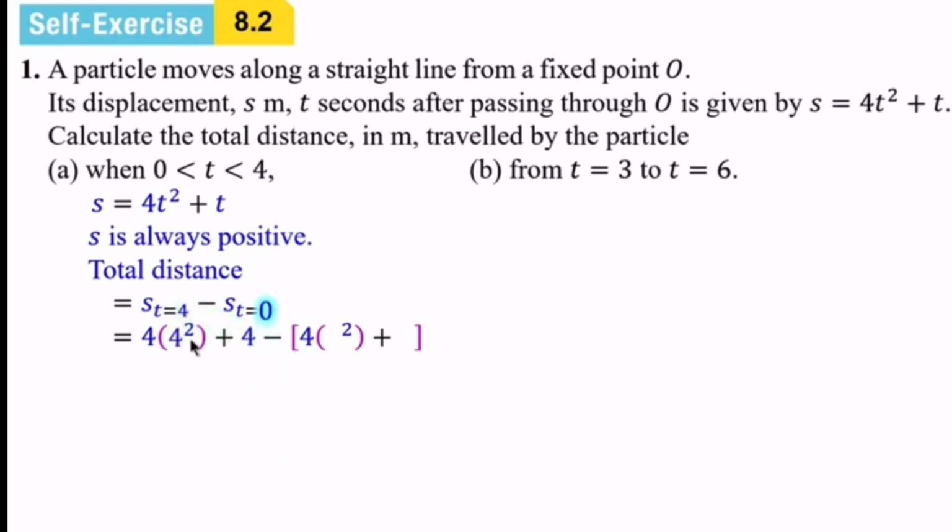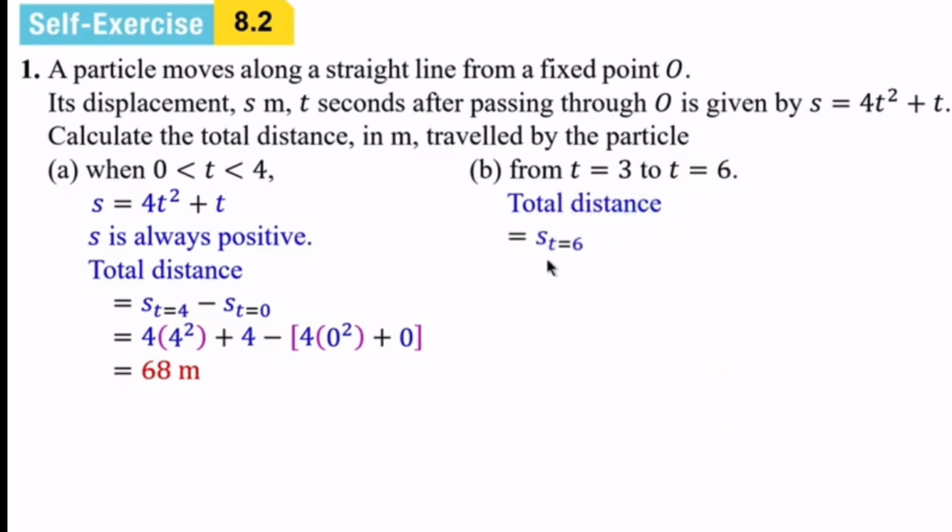If we subtract, we will get the answer for the total distance of the particle. So let's solve it out, and we will get the total distance traveled from 0 to 4.